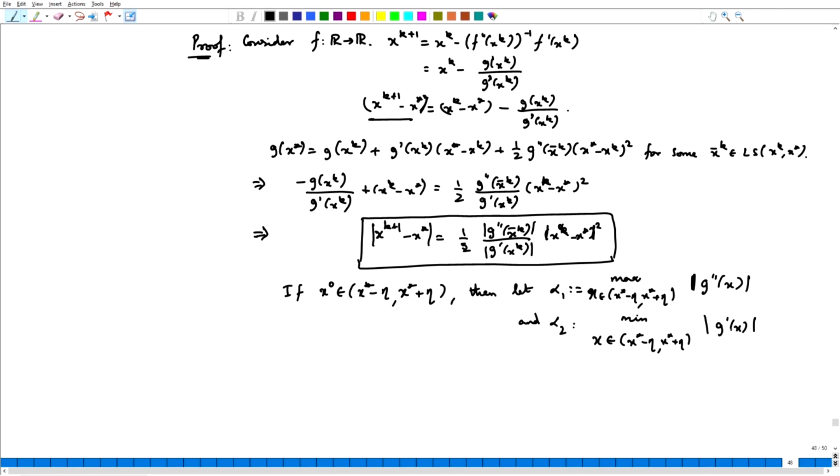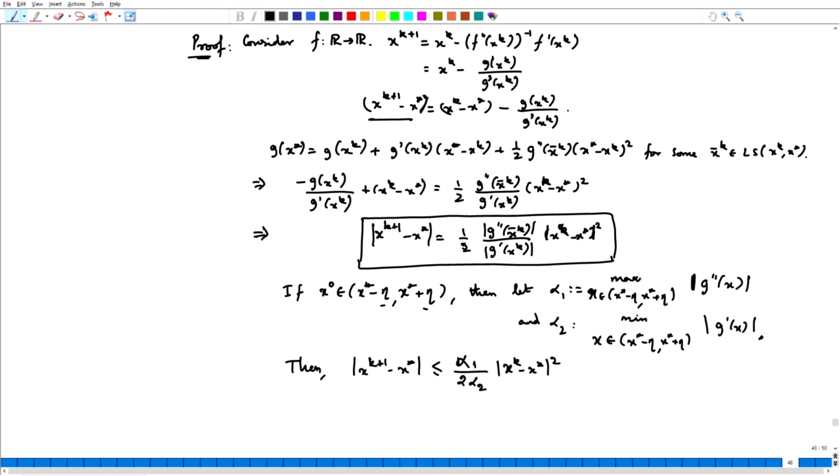Then mod xk plus 1 minus x star is less than or equal to alpha 1 by 2 alpha 2 norm xk minus x star the whole squared. I have just found an alpha 1 and alpha 2 by restricting x naught to a small ball.